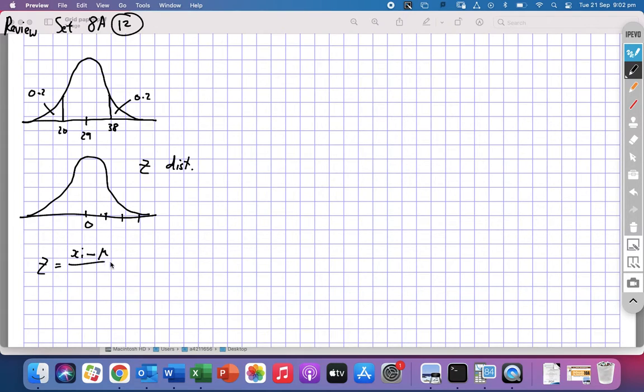So the way you're getting there is you're taking your value, like a 20 or a 38, working out the deviation from the mean, and dividing it by your standard deviation. Because on a Z distribution, it's set up so that the standard deviation is 1, 2, 3. So it's all about how many standard deviations. That's the key to the conversion between the two distributions, because in terms of the area under the curve and the shape, these distributions are the same.